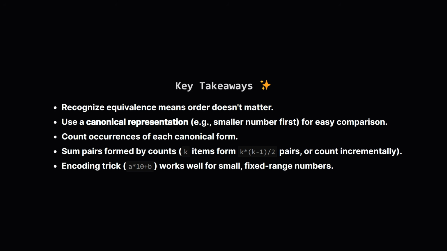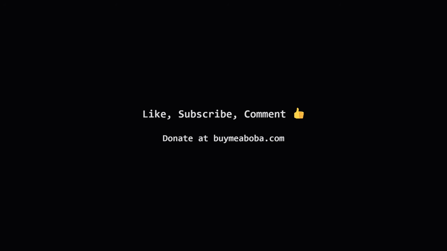And we also saw that neat encoding trick, turning a pair like (a, b) into a single number a*10 plus b, which let us use a simple fixed size array for counting, giving us a really efficient solution in both time and space. Hope that explanation helped you understand how to tackle the number of equivalent domino pairs problem.